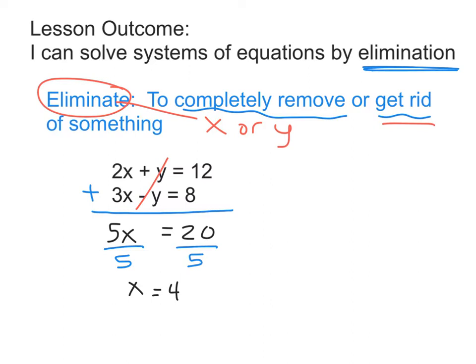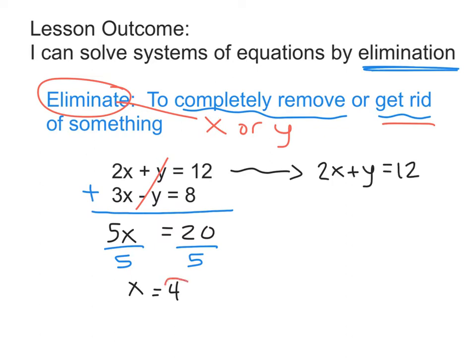Now, we still need to find our other variable, which is the next thing I'm going to do here. So you can take either of our original equations, either one of them, it doesn't matter, and plug 4 in for x and then solve for y. So I'm going to take this first one up here and write 2x plus y equals 12.